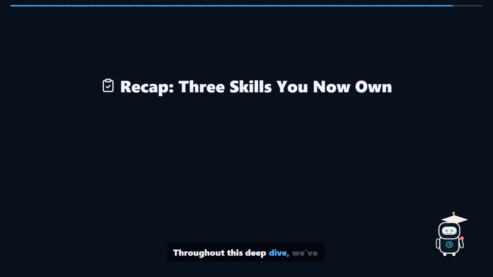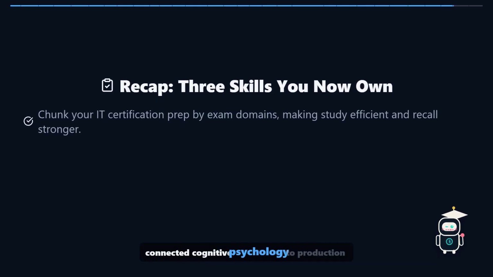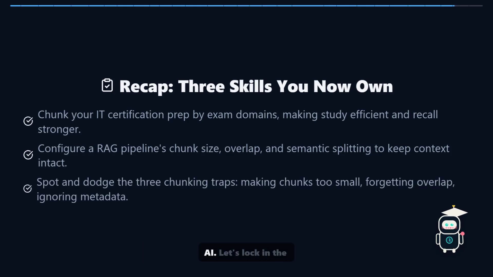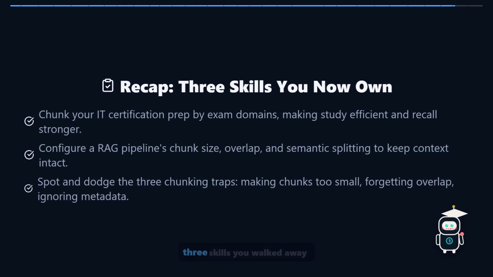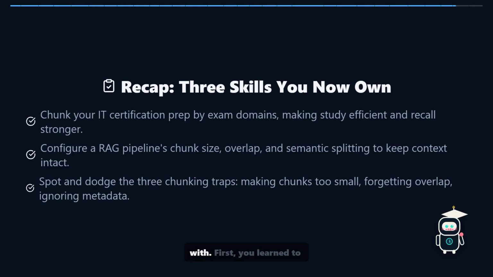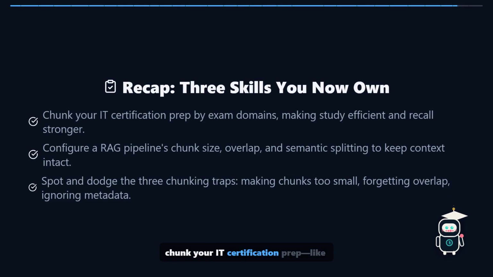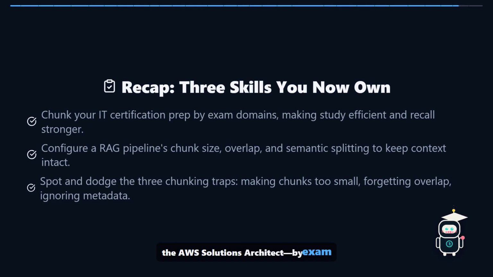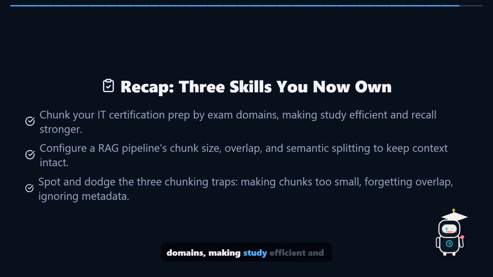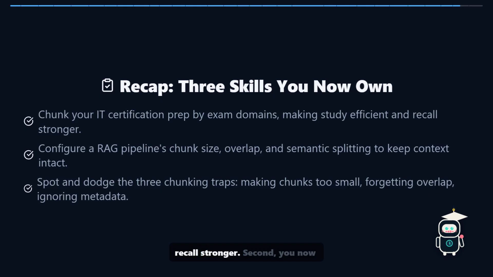Throughout this deep dive, we've connected cognitive psychology to production AI. Let's lock in the 3 skills you walked away with. First, you learned to chunk your IT certification prep, like the AWS Solutions Architect, by exam domains, making study efficient and recall stronger.